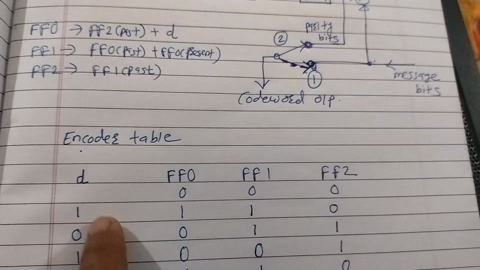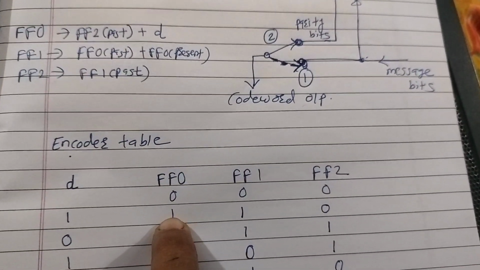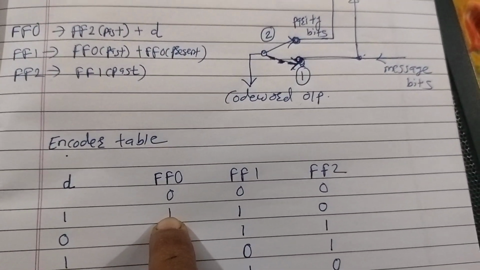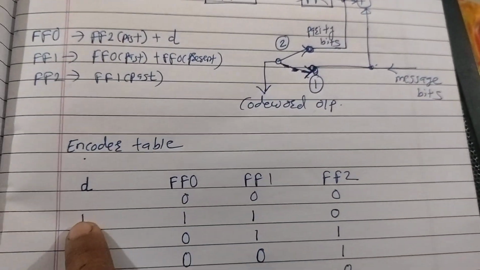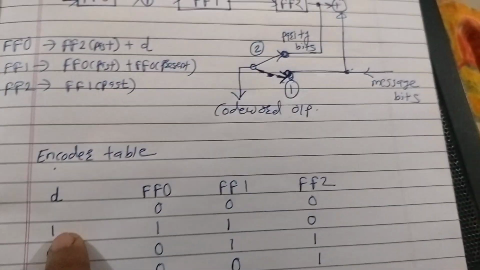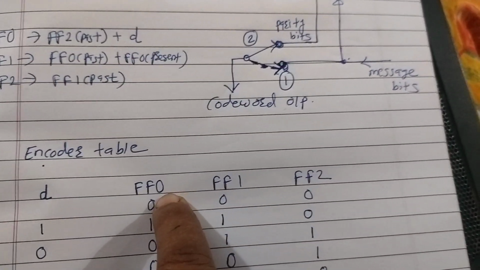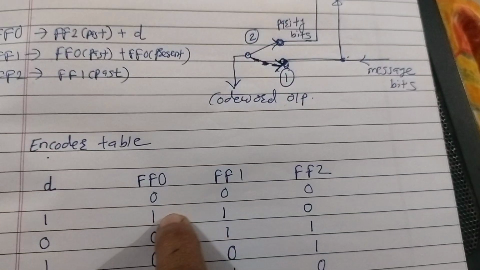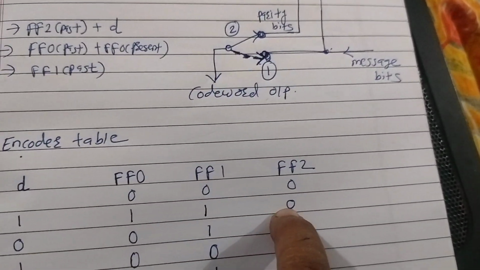Now we will see the equations. Flip flop 0 present output is flip flop 2 past plus D, that is 0 plus 1. Then flip flop 1 is flip flop 0 past plus flip flop 0 present, so 0 plus 1, 1. And flip flop 2 is flip flop 1 output, that is 0.